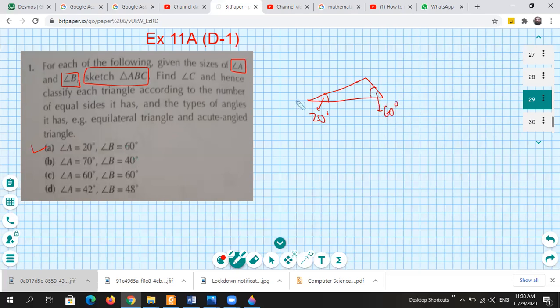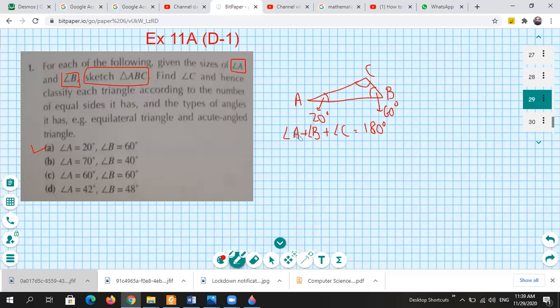So this is angle A, this is angle B, and angle C is unknown. So we have to find it. So we know that the sum of all the angles of a triangle is 180 degrees. So I can write here angle A plus angle B plus angle C equal to 180 degrees.